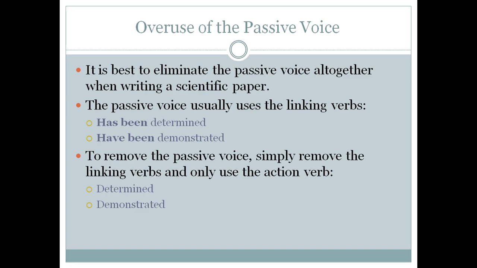So the easiest way that I could give you to remove the passive voice and just use the active voice is to just say, you know, this study determined or this study demonstrated, and instead of saying it has been demonstrated or it has been determined, you just say this study determined that blah blah blah.